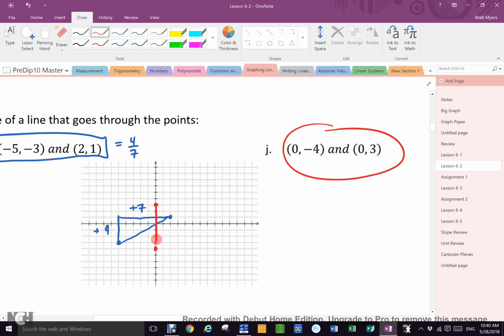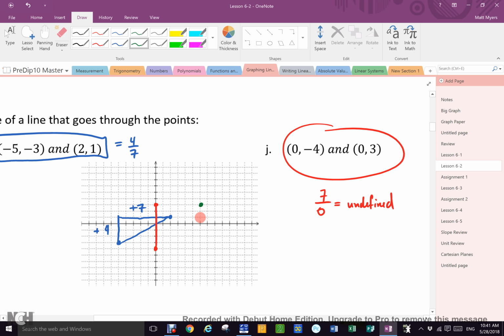Can everybody find the slope if I give it to you on a graph? Great. Tell me the slope of this green line. Just from looking at it.